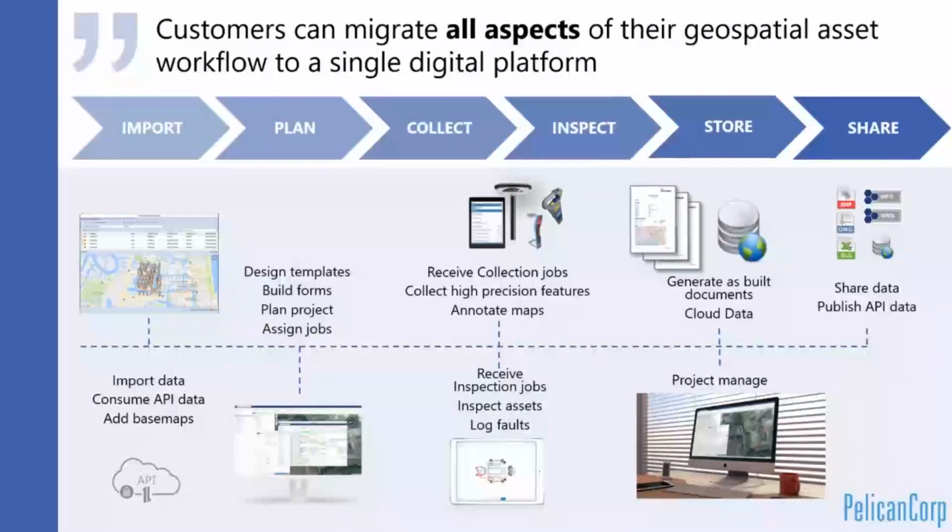Then all your data is synced back into the cloud instances that support the application. And then you can export that GIS data either manually or through integrated APIs. So it really does provide you that complete process in which you can do everything from import, plan, collect, inspect, store, and share.